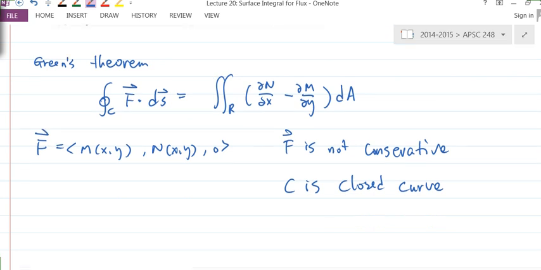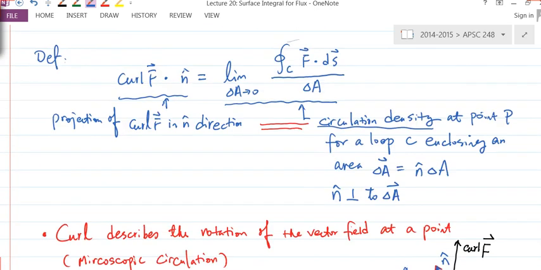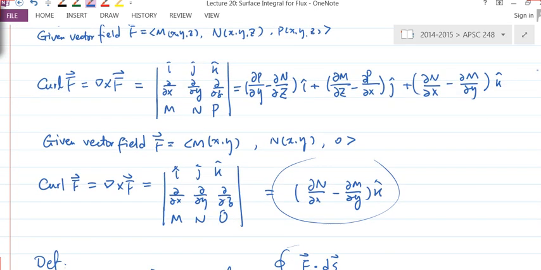Now, if I take a second look at this formula, what is this integrand here? If I go back to the first review part, what is del cross F when you have a planar field? Which is this, right?